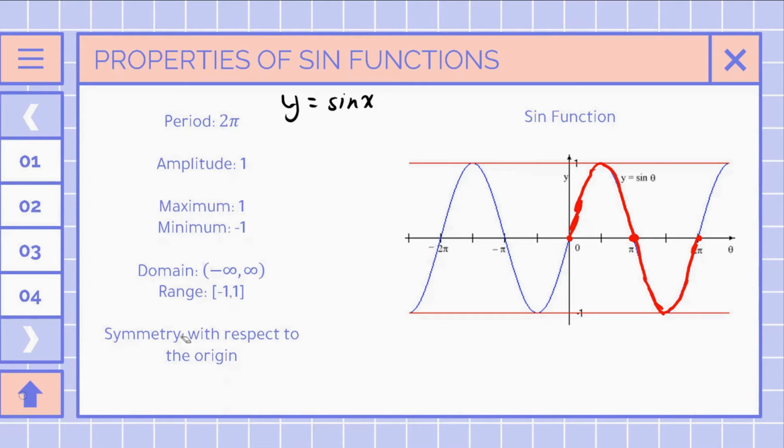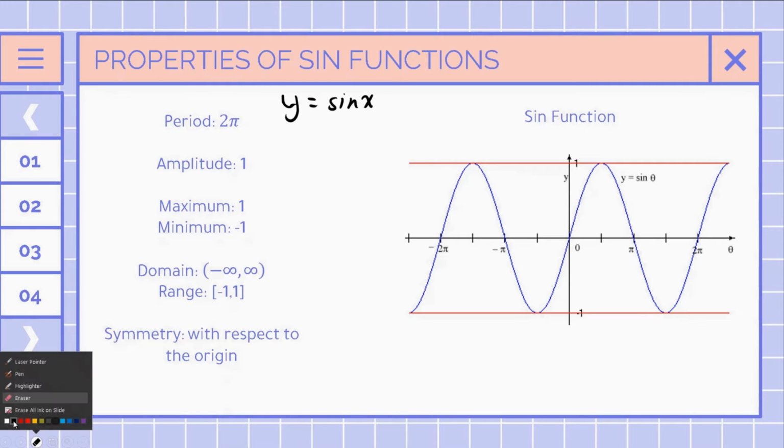And for the symmetry of the function y is equal to sine of x, it is with respect to the origin because sine of x is an odd function and the graph is symmetrical diagonally. So hold on. With respect to the origin, we put a point here.